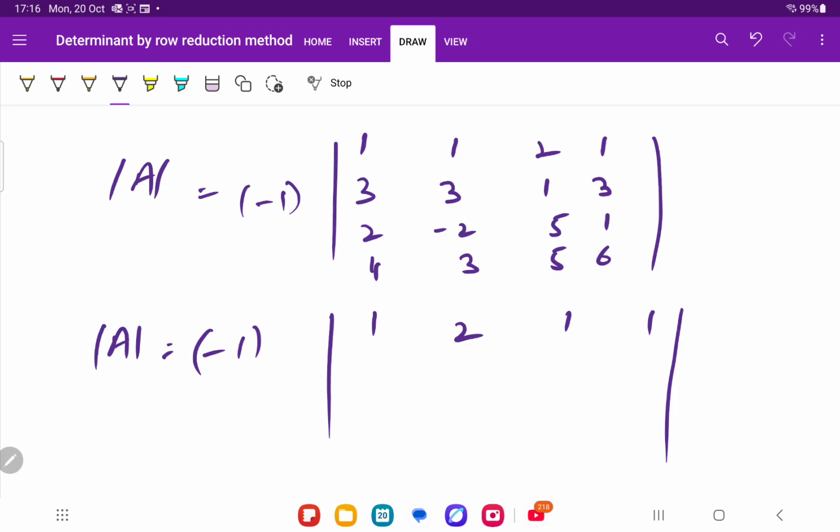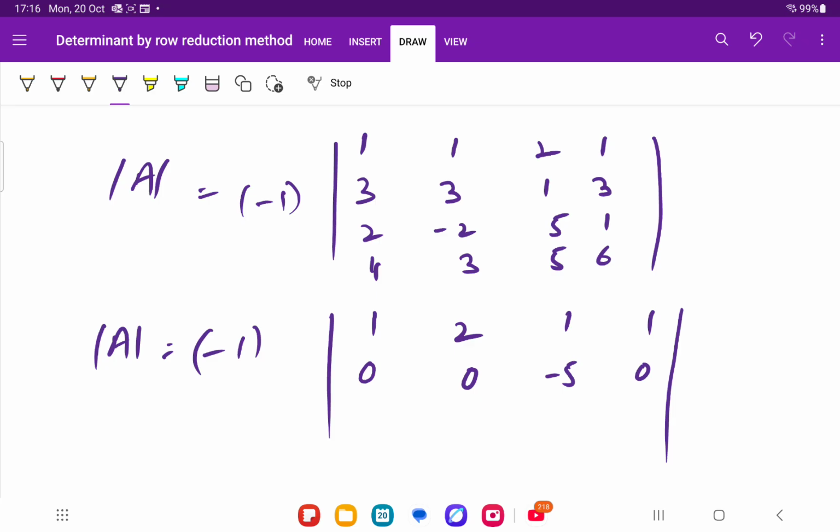So minus 3 plus 3 is 0. Minus 3 multiplied by 1 plus 3 is again 0. Minus 6 and 1 gives minus 5. Minus 3 plus 3 is again 0. The other one is 1 1 2 1.